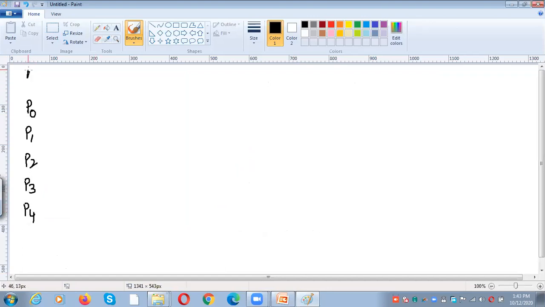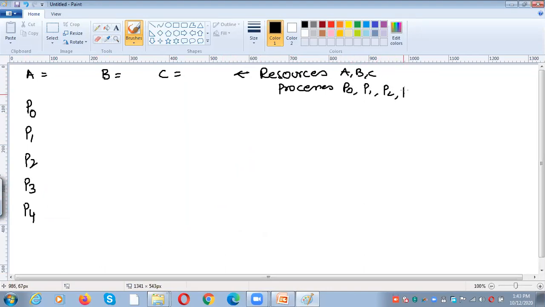How many resources are there? There are 3 types of resources: A, B, C. And the processes are P0, P1, P2, P3 and P4.